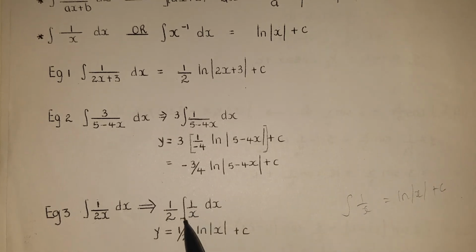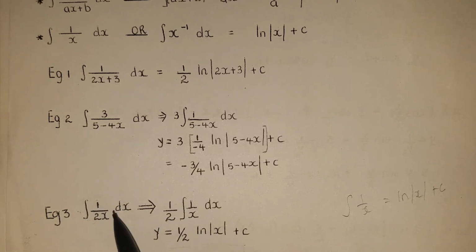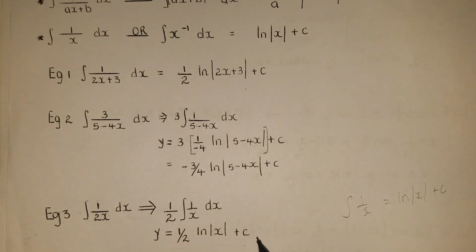So this answer, which is our ln x plus c, gets multiplied by the half, making this our final answer. So once more, the half is factored out, and we are integrating the 1 over x that's left back, making our answer half times ln modulus x plus c.